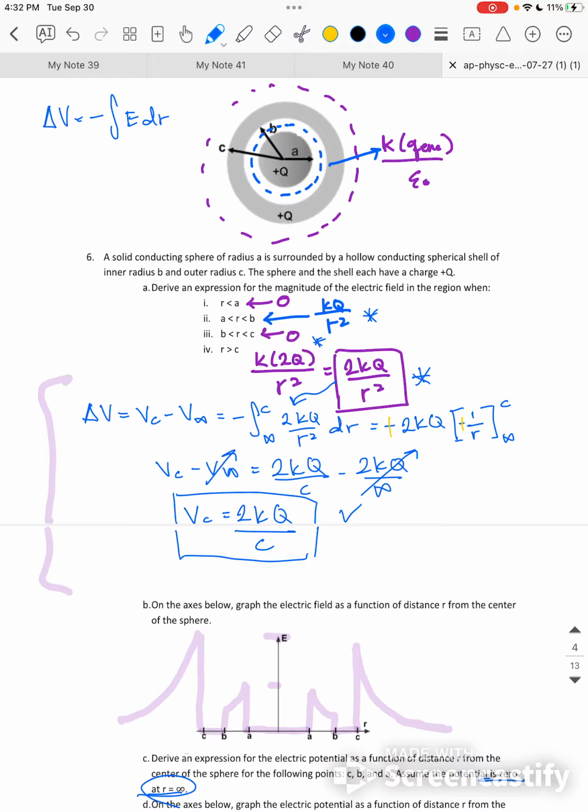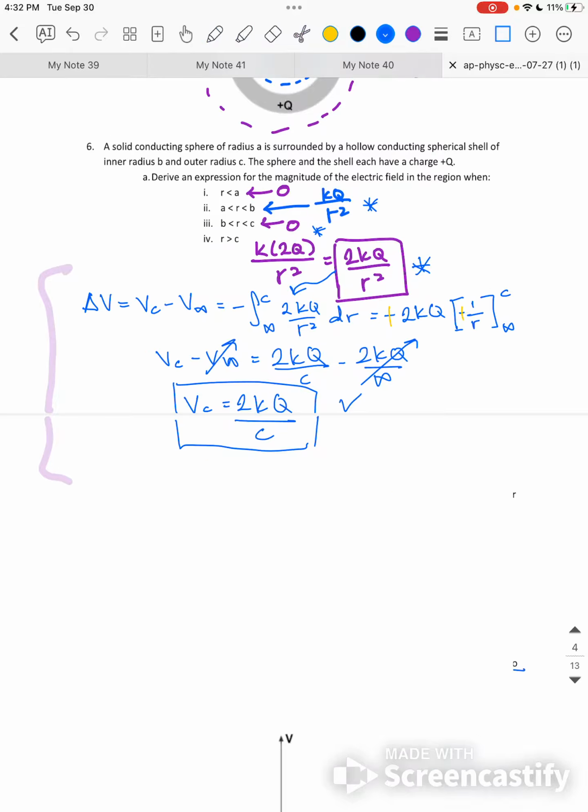And in this case, at the point C, we've got 2Q enclosed, and it's over a distance of C. So this is exactly what we expected for VC, and we are going to solve for VB now.